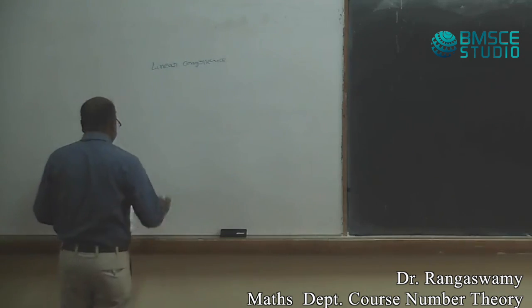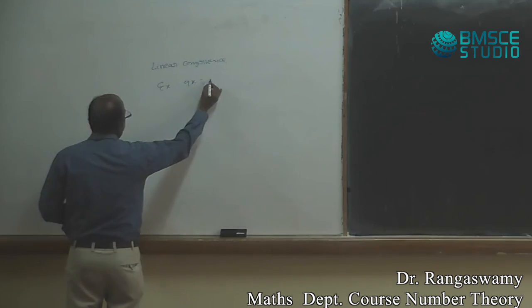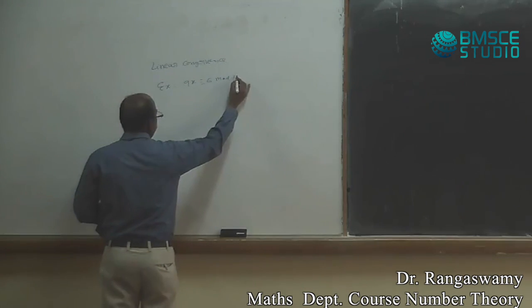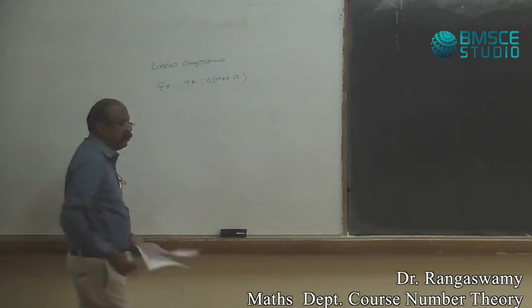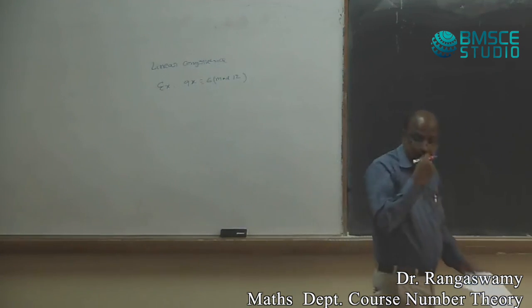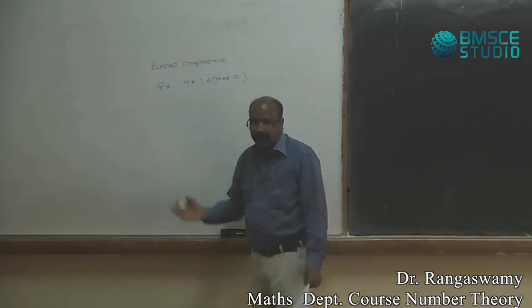Example: 9x congruent to 6 mod 12. For a linear congruence, you can determine how many solutions it has.